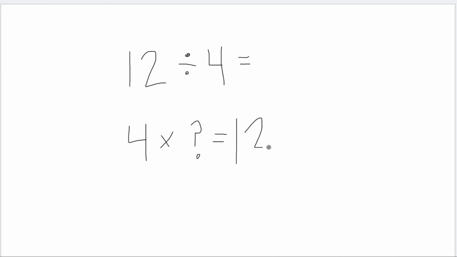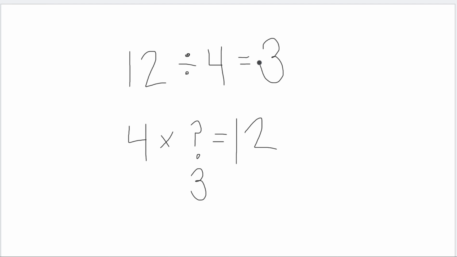And we know that 4 times 3 equals 12. So if we know 4 times 3 equals 12, then we also know 12 divided by 4 equals 3. So knowing your multiplication facts is super important.